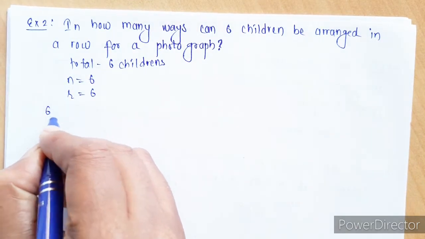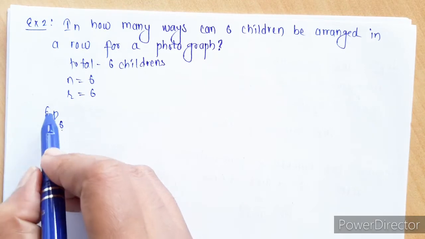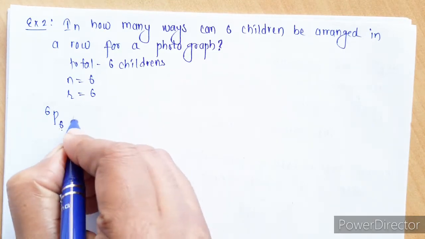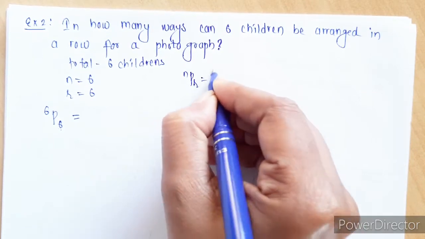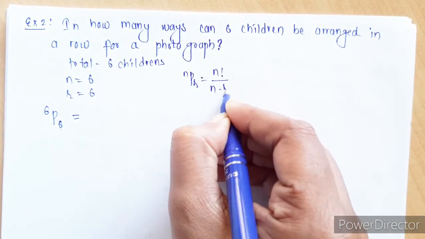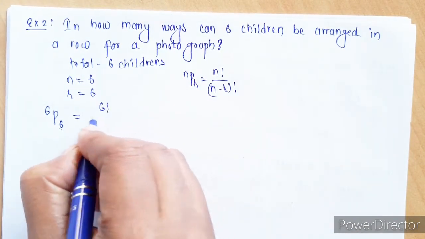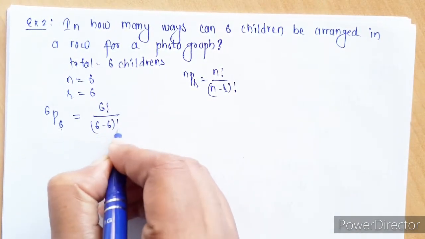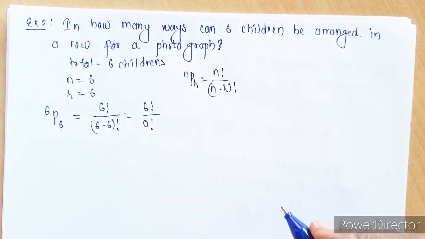So it is nothing but 6P6. Let me write the formula here. nPr is n factorial upon n minus r factorial. So this is going to be 6 factorial upon 6 minus 6 factorial, which is 6 factorial upon 0 factorial.